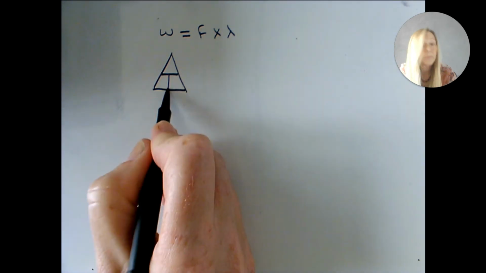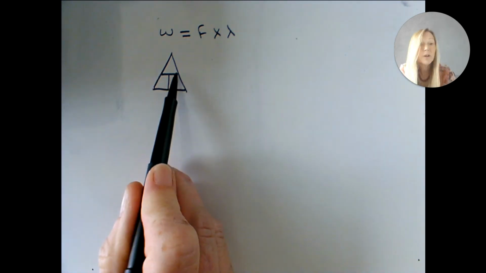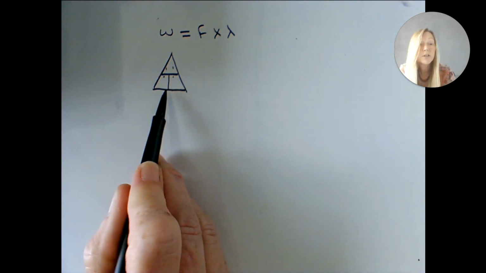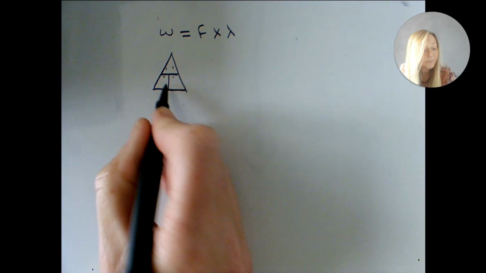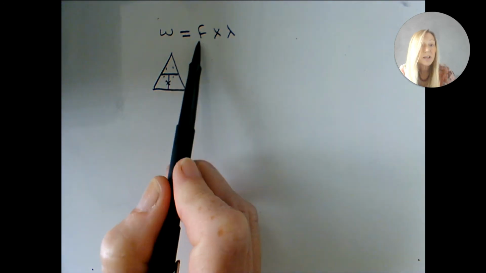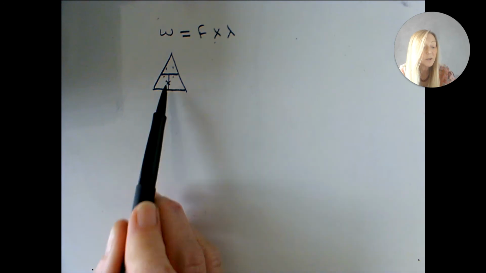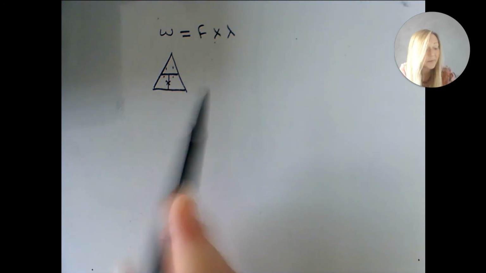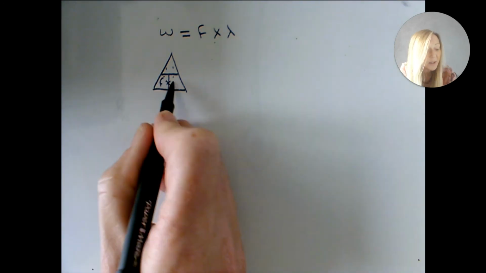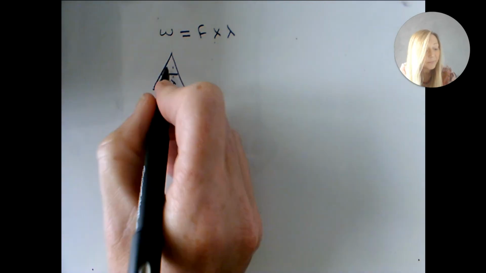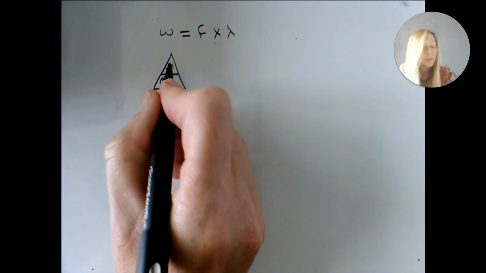This line is our divide line, and this line is our times line. So frequency times wavelength goes at the bottom where our times line is, which leaves the wave velocity to go at the top.